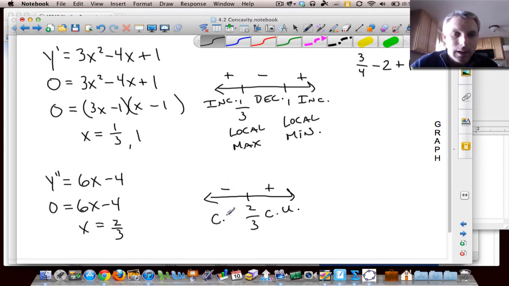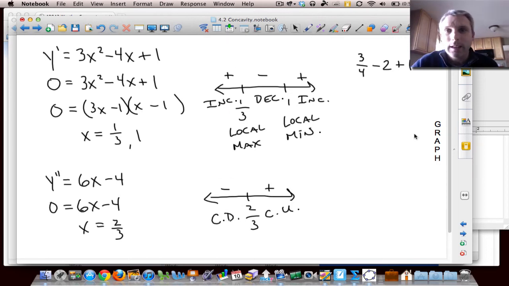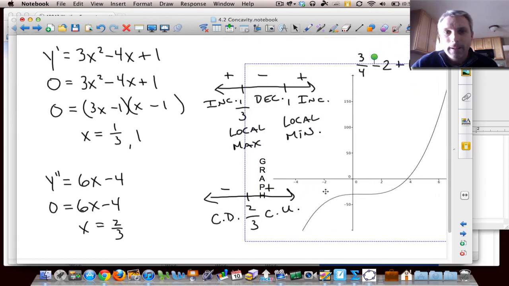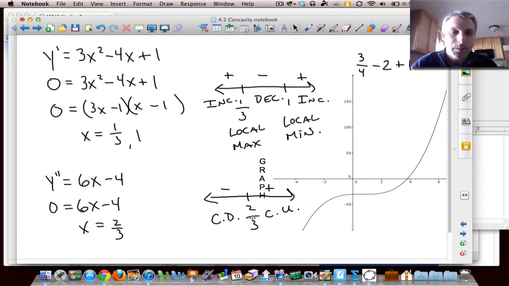That means concave down. I think this is all tying in nicely with this graph that we took a peek at. Concave down, looking good, up to 2/3. 2/3 is probably hanging right about there. At 2/3, this would be called an inflection point because it's changing concavity, negative to positive.